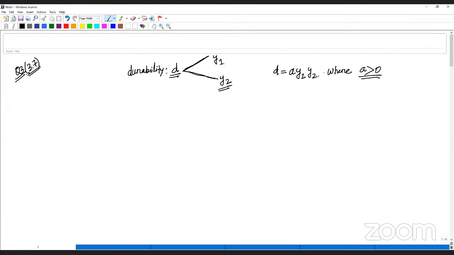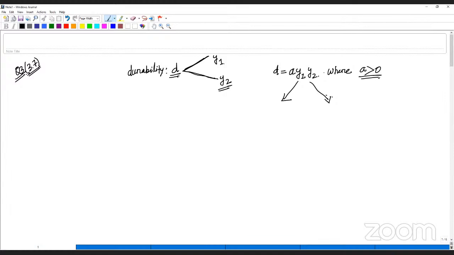And again it says that y1 and y2 also depend on something. That is the amount of plastic mixed in bitumen, and their variations are shown in the graph given below. Find the values of y1 and y2 such that the durability of the road is maximum.